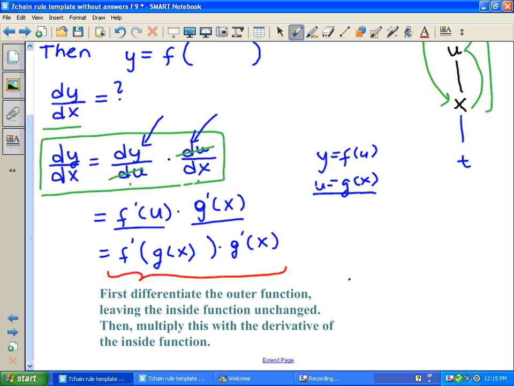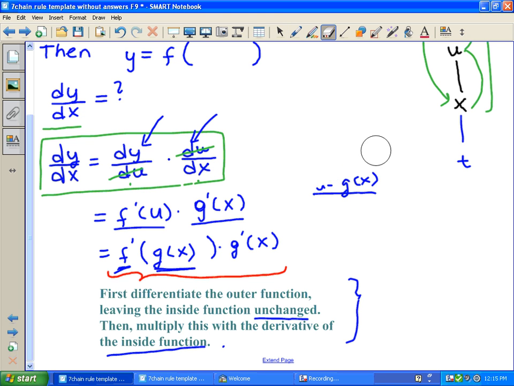I put that in plain words. Let's read what it says. It says that first we need to differentiate the outer function, in this case f, leaving the inside function unchanged. We're leaving g of x exactly as it is. And then we're multiplying everything with the derivative of the inside function.